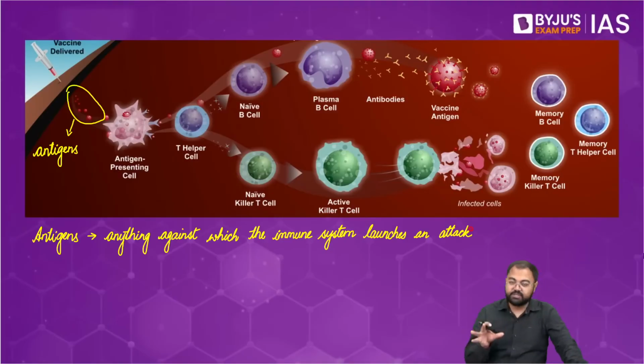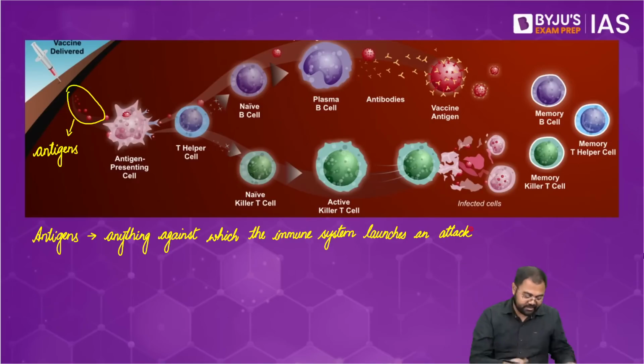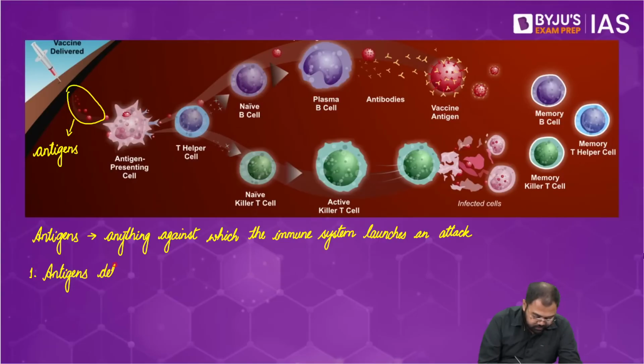Now these antigen presenting cells will simply make these antigens stick to the body of themselves. So the antigen simply comes and sticks to the body of antigen presenting cells. So what happens is, step one would be antigens delivered.